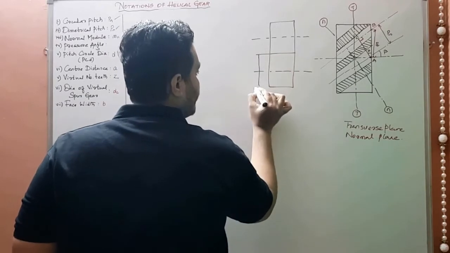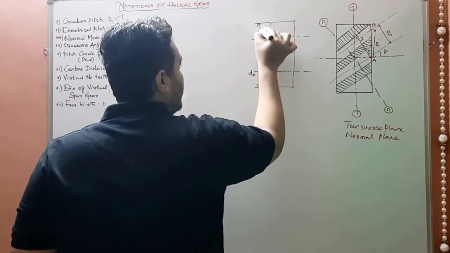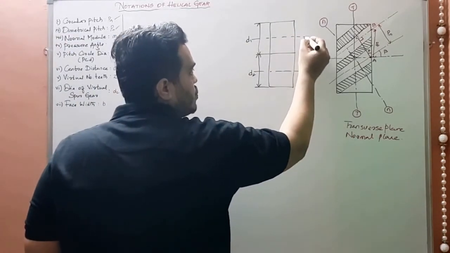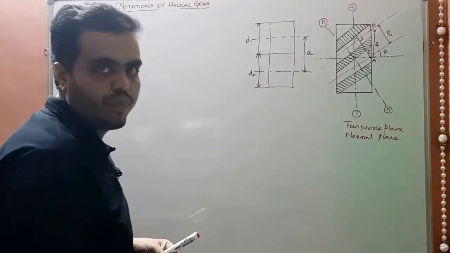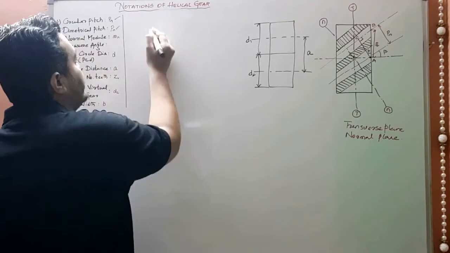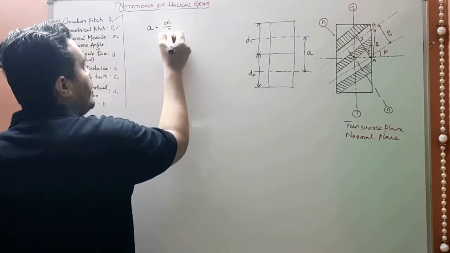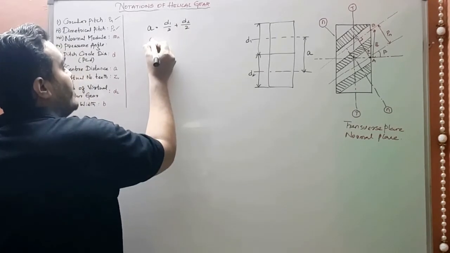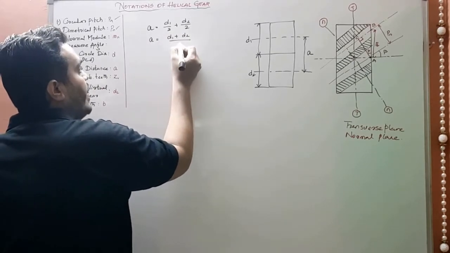The diameter of this will be D2 and the diameter of this will be D1, right? What is the distance between these two axes? That is the center distance. So if you find out the center distance A, you will get D1 by 2 plus D2 by 2, right? If you simplify this, you will get (D1 plus D2) by 2.